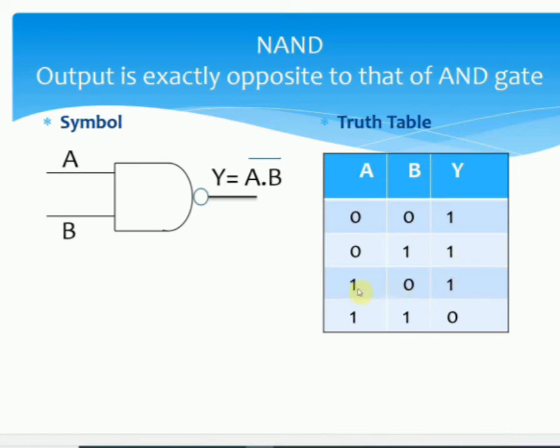Same is the case when A is 1 and B is 0, we'll get the output equal to 1. But when both the inputs are 1, 1, that is 1 ANDed with 1 will always result in 1, but the complement of that will give you 0. So we can say that in NAND gate, the output is exactly opposite to that of the AND gate.